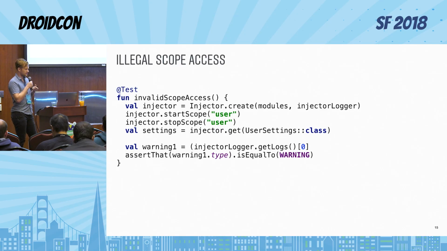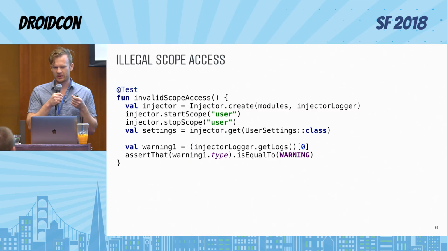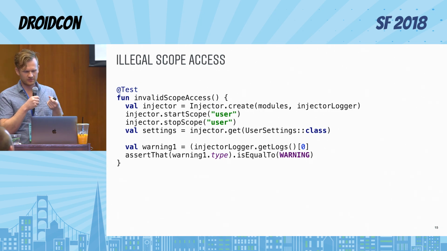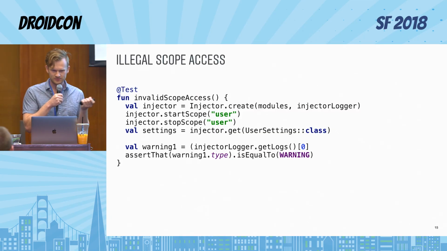And in your applications, you should never allow developers to have those warnings in your production code. So if in development you realize that the injector is giving you warnings, you should definitely fix it before shipping any code to production.